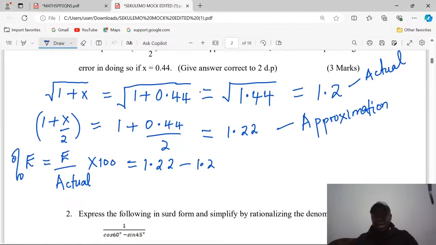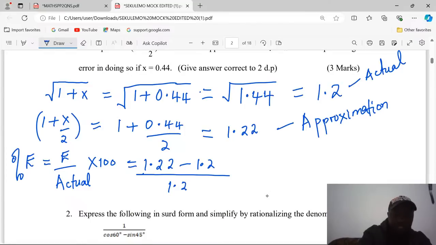When we are finding the error, any can subtract the other because we just want the difference. An approximation can be slightly above the actual or slightly below the actual. So we subtract the smaller one from the bigger one, depending on the estimation. The error we shall get here should be divided by actual value, 1.2. Then whatever we are getting now, we multiply by 100.